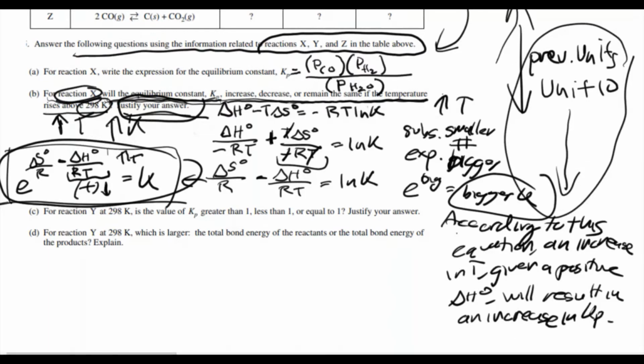There you go. You don't have to explain how smaller, bigger, bigger. They get the point. You just have to make sure to connect the equation to the fact that an increasing temperature will increase the K.